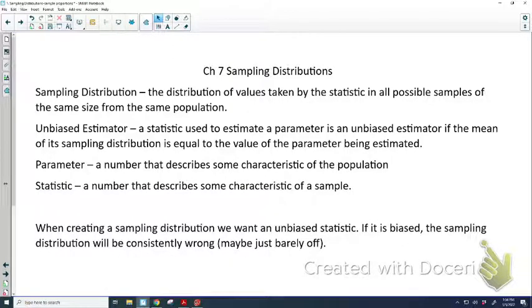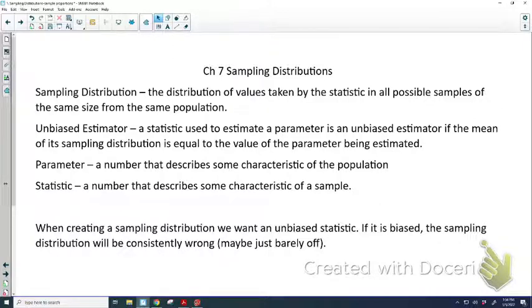So parameter, that's some kind of measurement like proportion or mean or standard deviation of the population. So I'm interested in this value, and I want to be able to predict it or talk about it. So we go and we take a sample and we calculate that corresponding calculation off the sample, which is called a statistic.